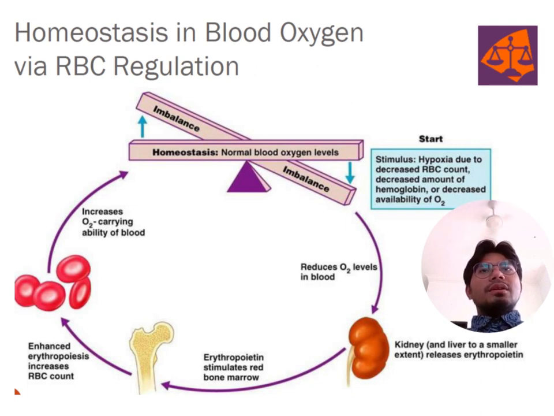The signal of a low level of oxygen will be transmitted to the kidney, which will release erythropoietin that will stimulate the red bone marrow to run the process we call erythropoiesis. When new red blood cells are produced, it will increase the capacity of the human body to carry oxygen.